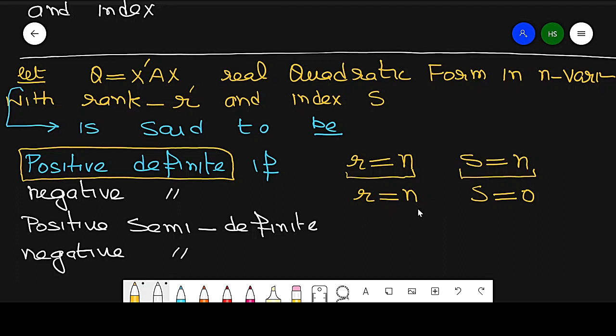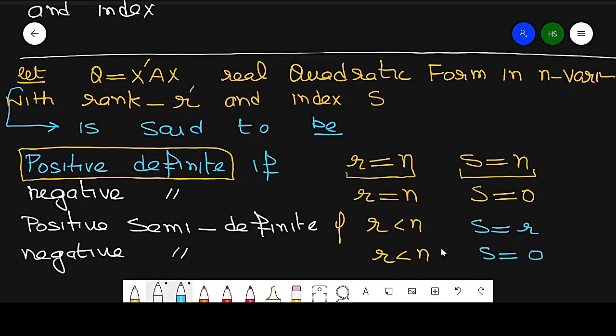And semi-definite, if R is less than n, in both cases, but here S is equal to R, and here S is equal to 0. So just remember all the formulas.